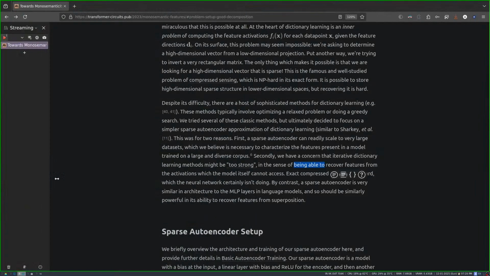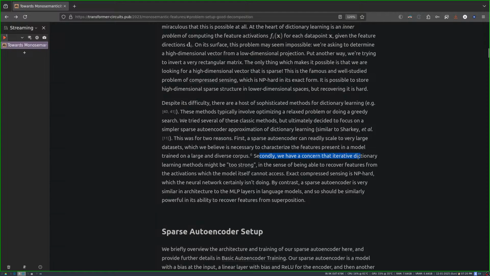All right. So despite the difficulty, these methods typically involve optimizing a relaxed problem or doing greedy search. We tried several of the classic methods, but ultimately decided to focus on a simple autoencoder approximation. Two reasons.